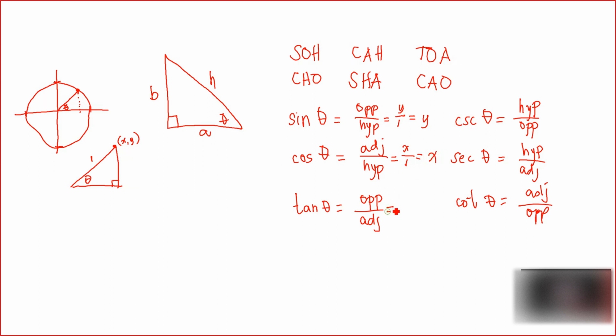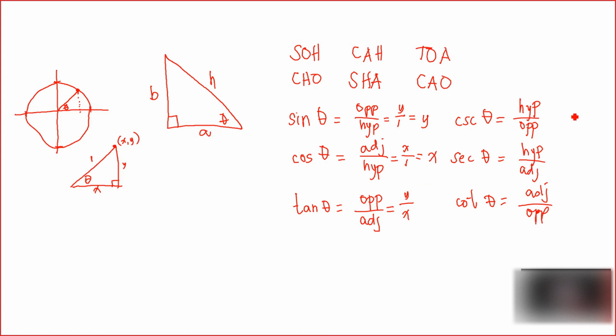For the tangent, we have the opposite over the adjacent. Our opposite is y and our adjacent is x. The opposite side of the angle is y over the adjacent, which is x.